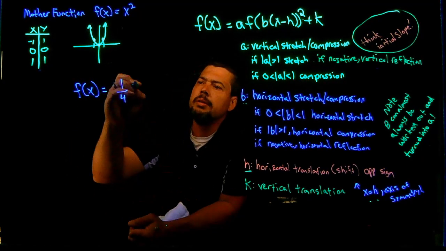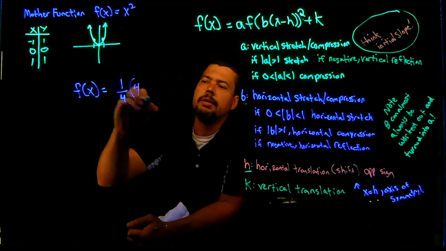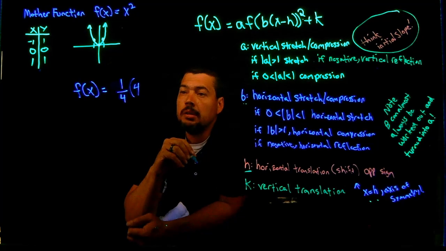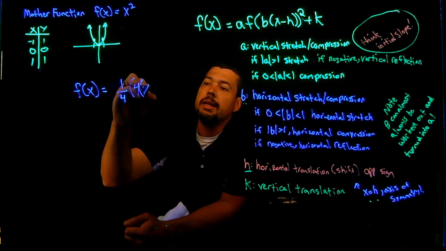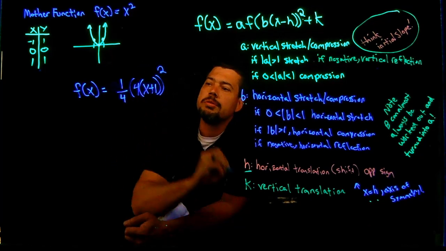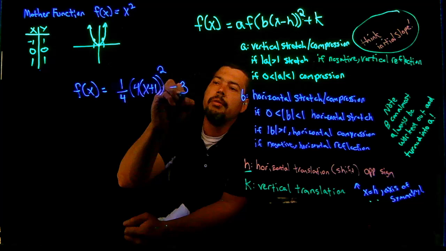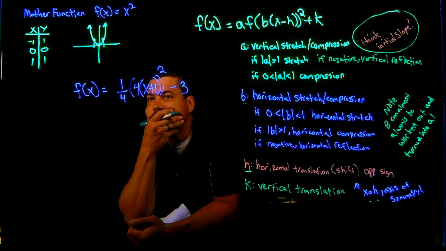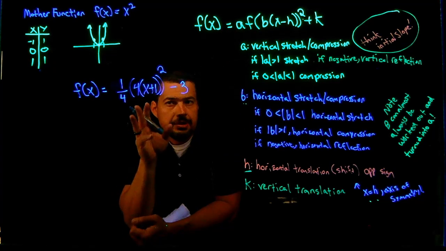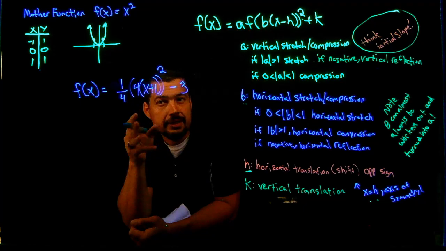Positive 1/4 of, let's put a 4 here, 4 times x plus 1, all squared, minus 3. Now, let's go through and talk about the pieces, and then I'll show you how to work it out and make it not as bad.